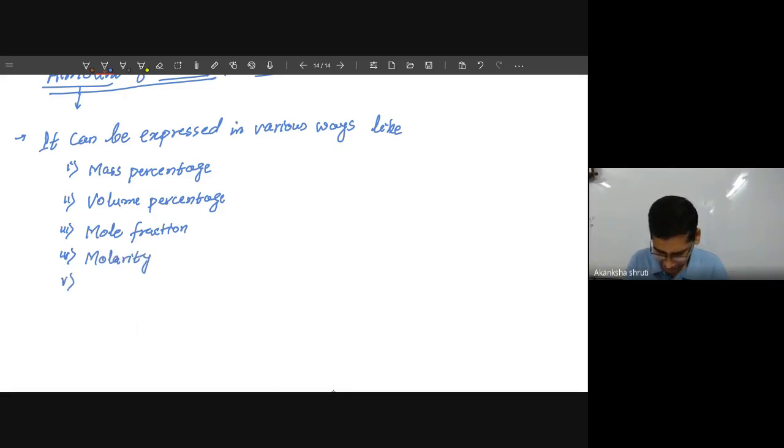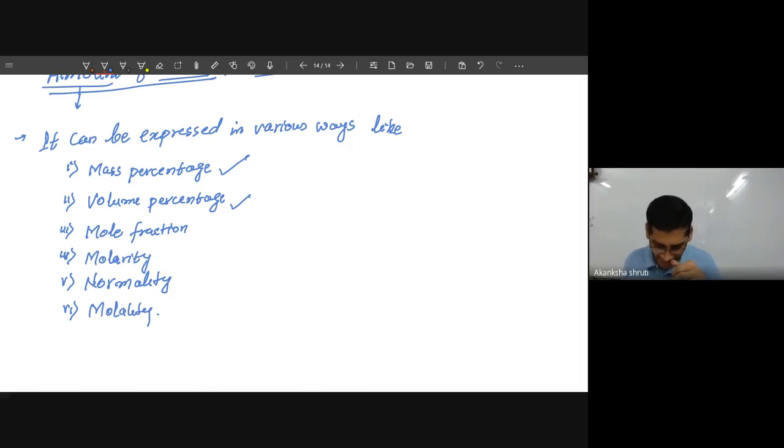The other one is normality, and also molality. So many more are there, but we have to focus on these two things only.